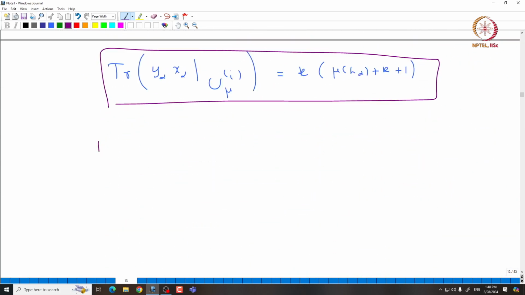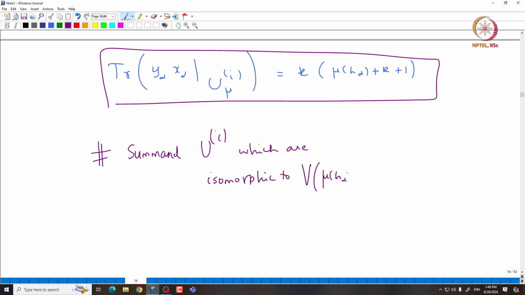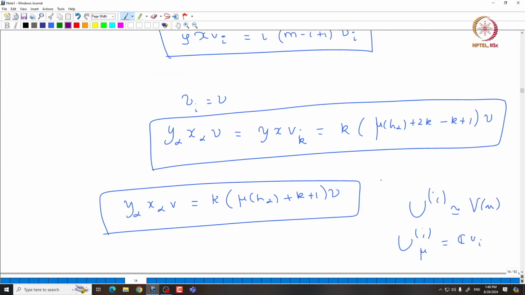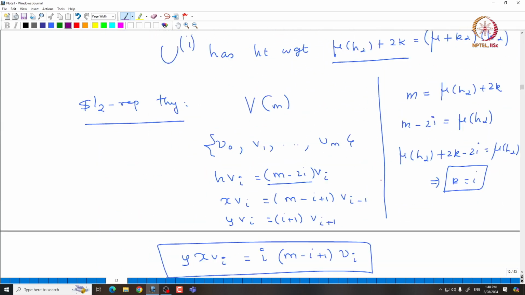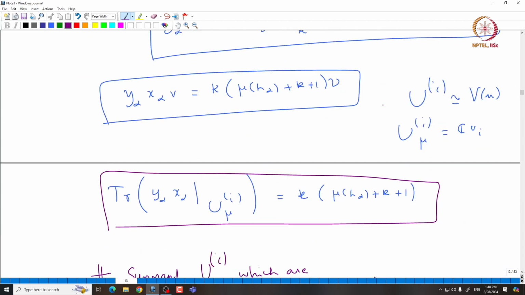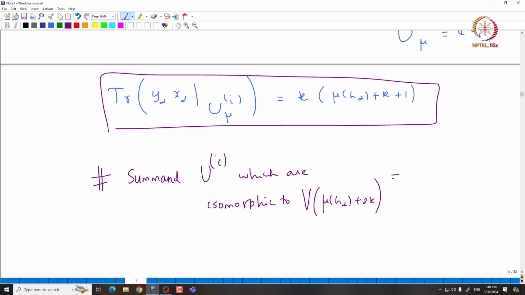So, it is not hard to see that the number of summands ui which are isomorphic to V of mu plus h alpha plus 2k. So, that is the highest weight that we are talking about. So, that is the m that we have. So, that is going to be exactly given by, so this one can calculate.